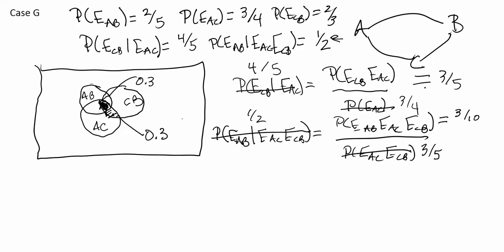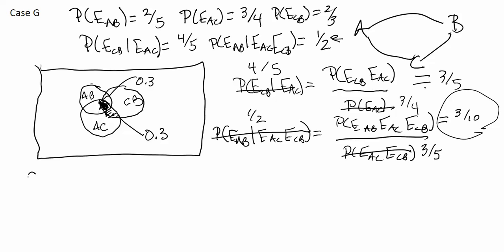So we know those two portions of it are each 0.3. We just found the 0.3 here. That's the 3/10 is the probability that we're inside all three circles. And then the 0.3 is the portion of AC and CB intersection that lies outside of AB. Well, I think that we're able to go through and figure out this problem now.